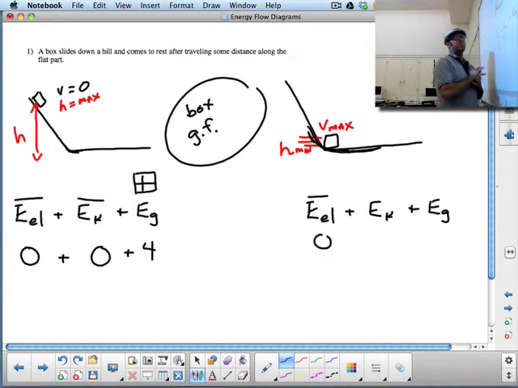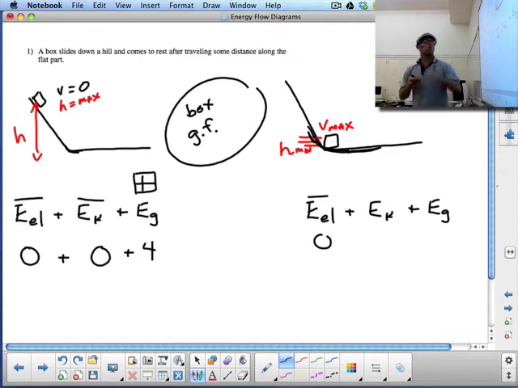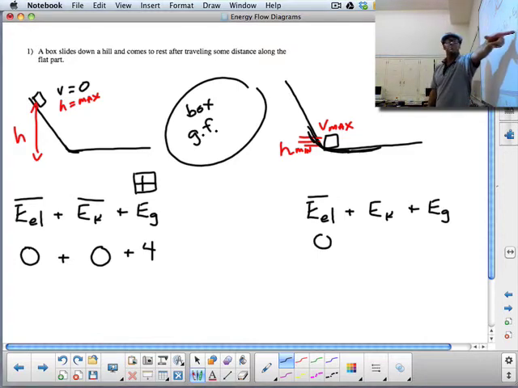What happened to our EG? 0. Now notice something. He immediately called it 0. Are we at sea level? Are we at 0 height? No. Can we call energy 0? No. Yeah, we can. If we called this 10, it doesn't change anything.